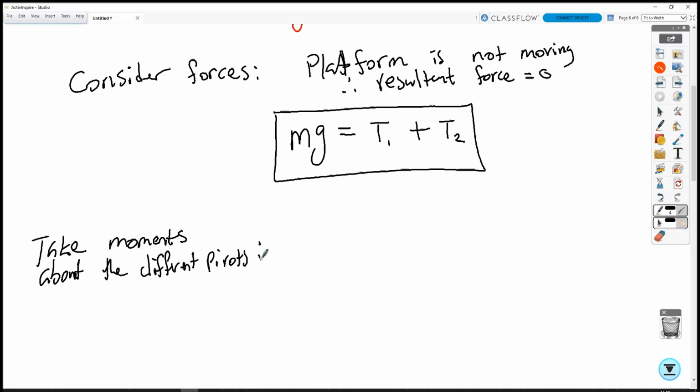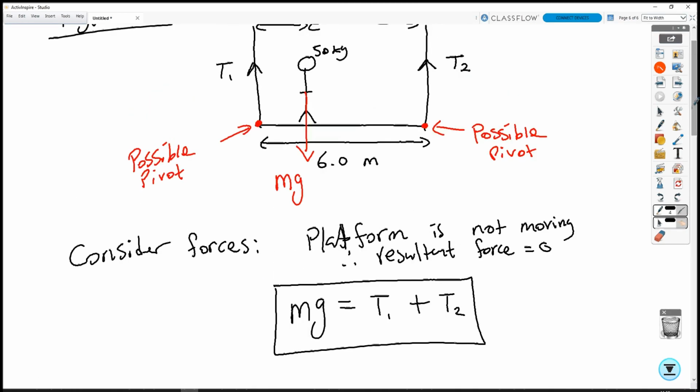Which means that clockwise moments have to equal anti-clockwise moments. So if we label these as A and B, if we take moments about point A, then the person provides the clockwise moment. If we try to rotate about A, he tries to rotate the system clockwise, and T2 provides the anti-clockwise moment.